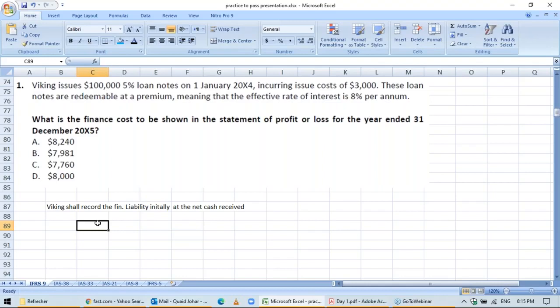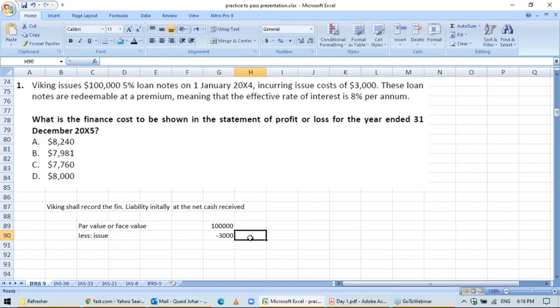So Viking's loan notes par value or face value is $100,000, and the issue cost being paid by Viking is 3,000.